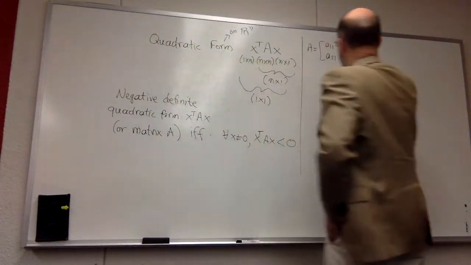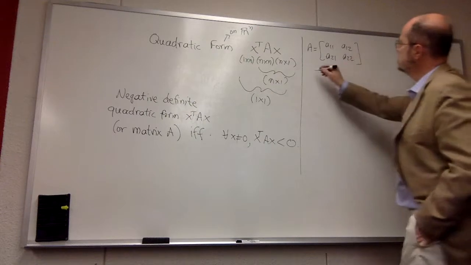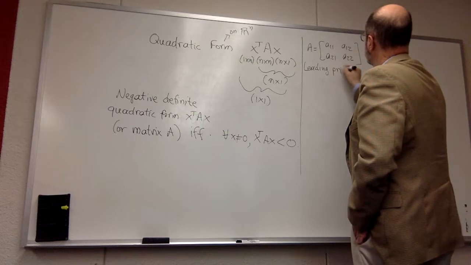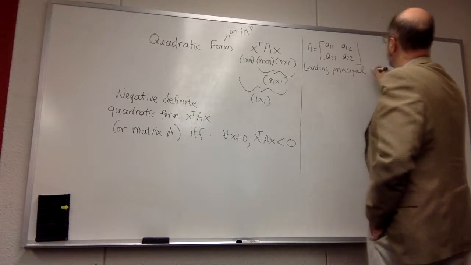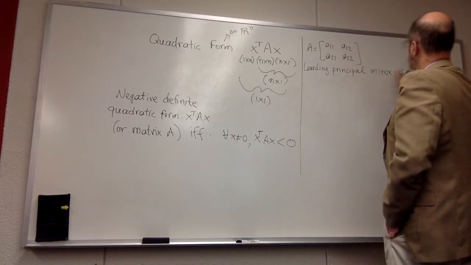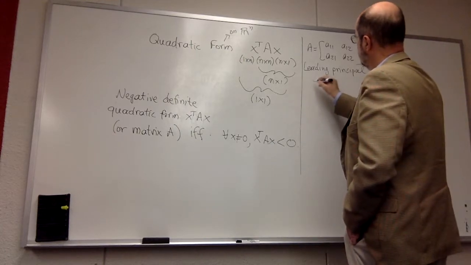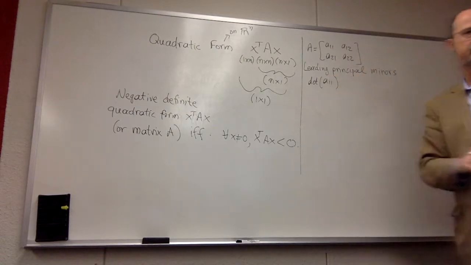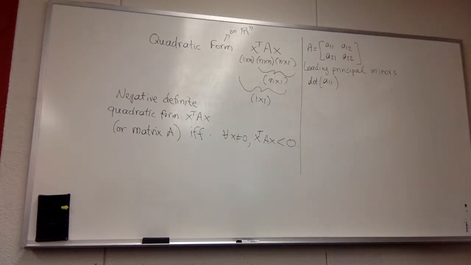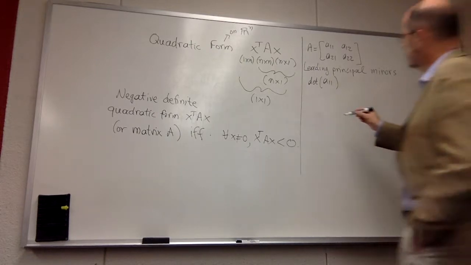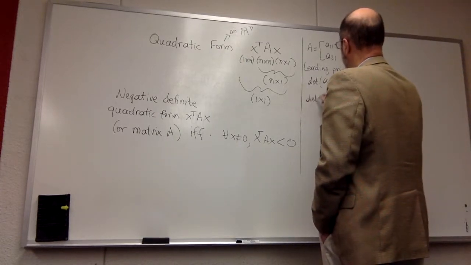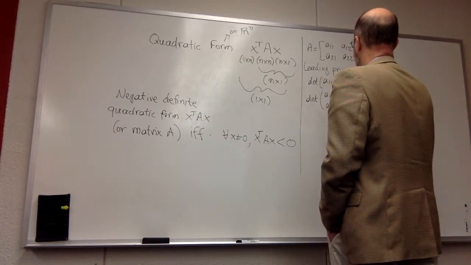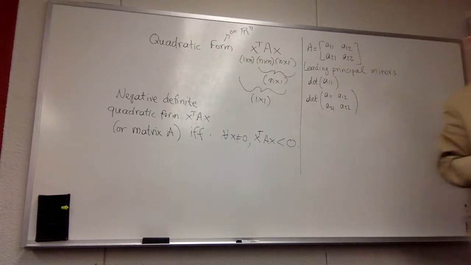So this one has the leading principal minors as follows. One is the determinant of A11, where I have deleted the second row and the second column. And the second one is the determinant of the entire thing. Okay?